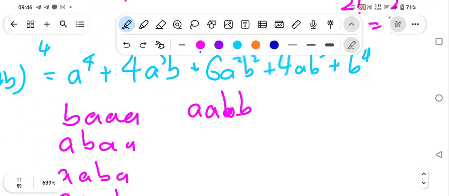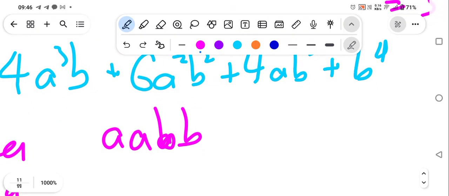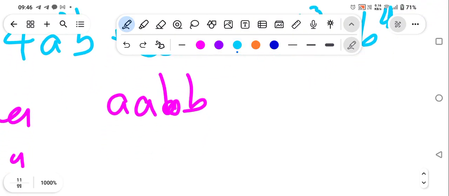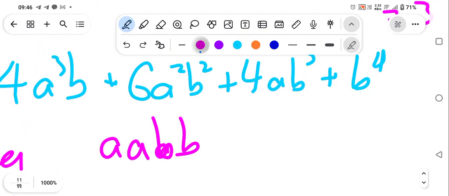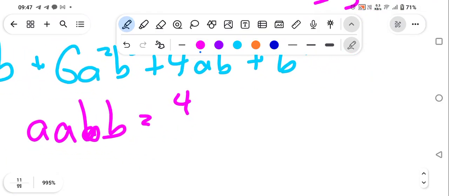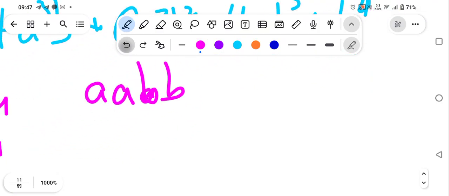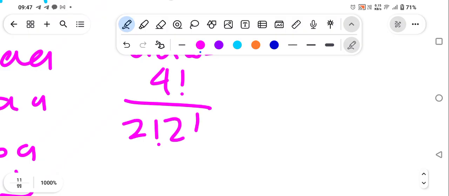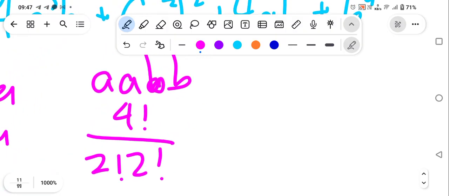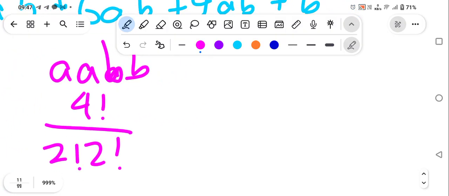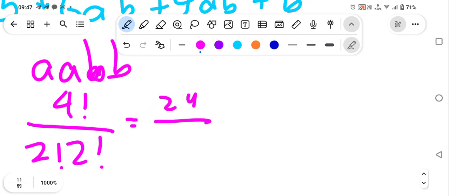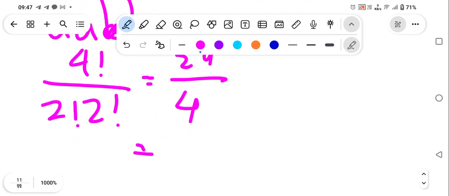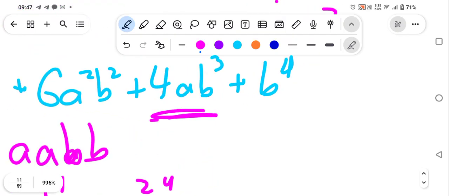We don't even need to list all of these, we just need to know where the 6 comes from. We have 4 items, so 4 factorial, and we have 2 similar items, so 2 factorial, 2 factorial. So we have 24 divided by 4, which is 6.